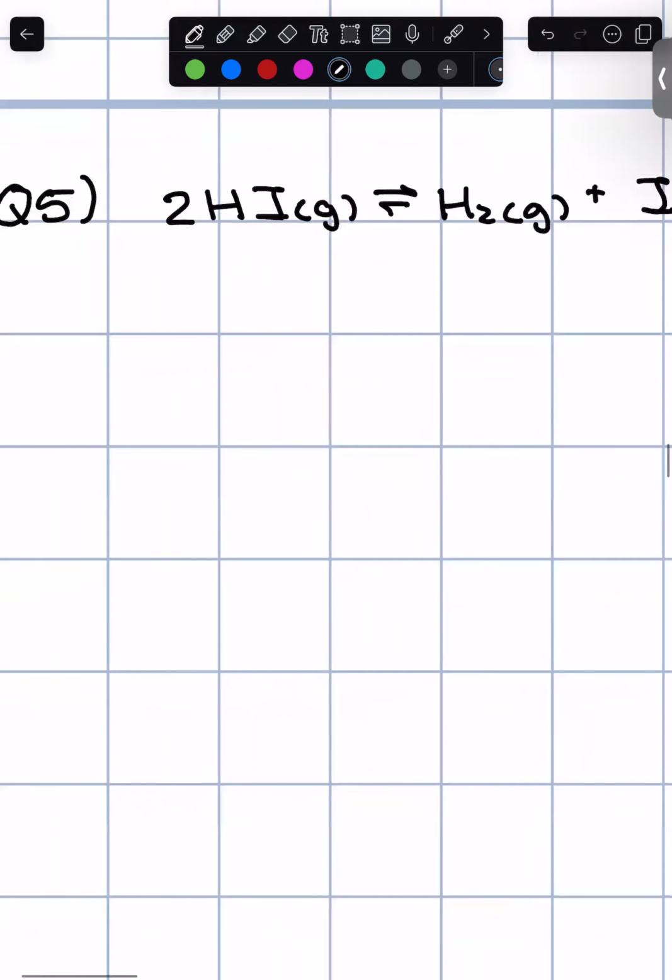We have a container with a volume equal to 1.5 liters, and here are some initial things that we're loading it with.